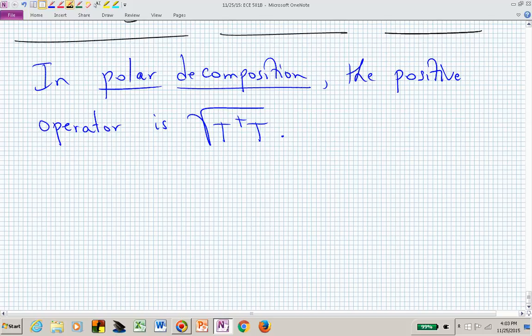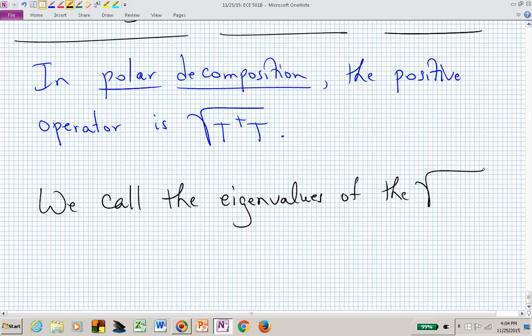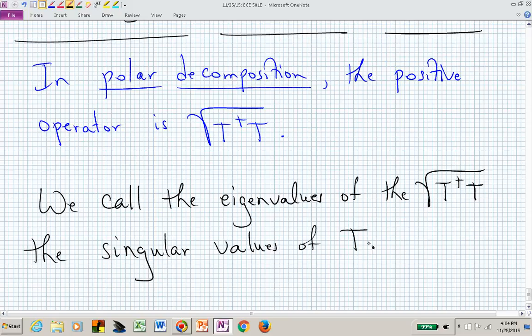We call the eigenvalues of this positive operator, the square root of T dagger T, the singular values of the original operator T.